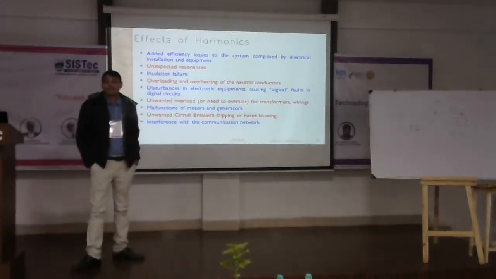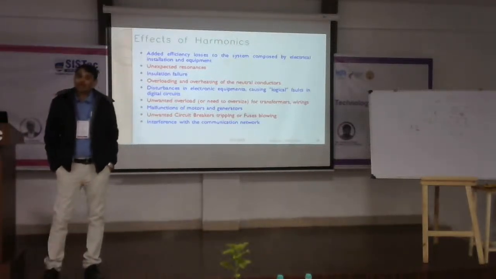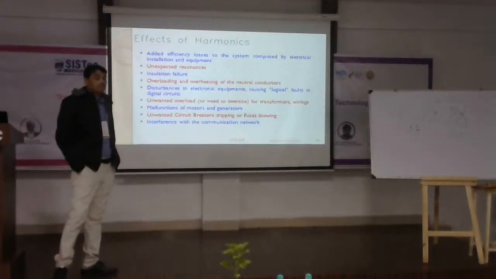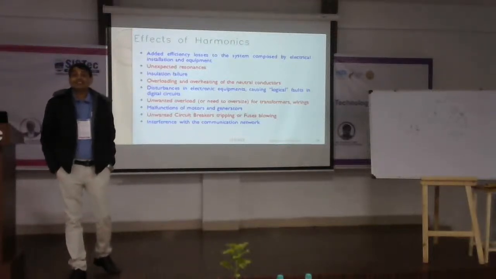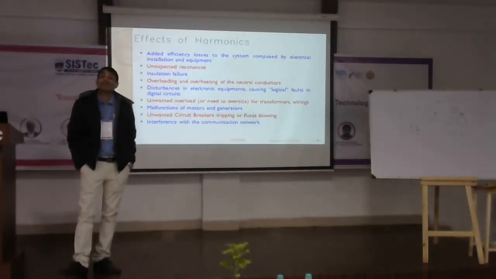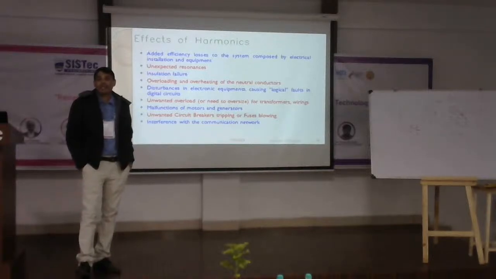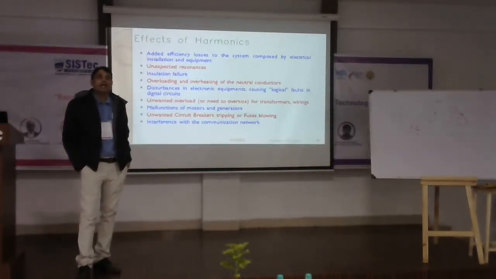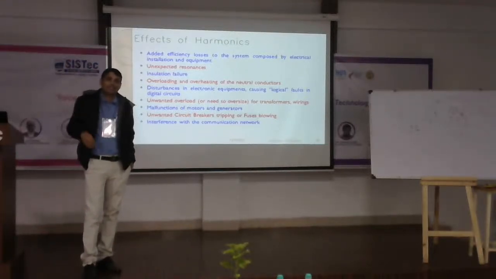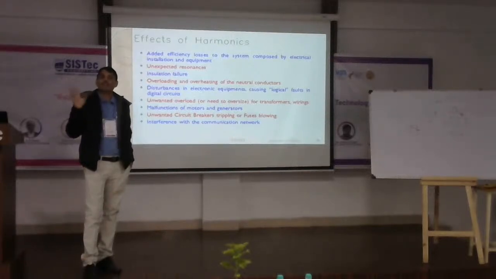Suppose your power quality is not good and you are using a system which requires a pure sinusoidal supply, then malfunctioning will be there. You can notice this when the voltage fluctuates: sometimes when you use a washing machine or fan, its speed is sometimes higher and sometimes lower. So this type of malfunction will be there.